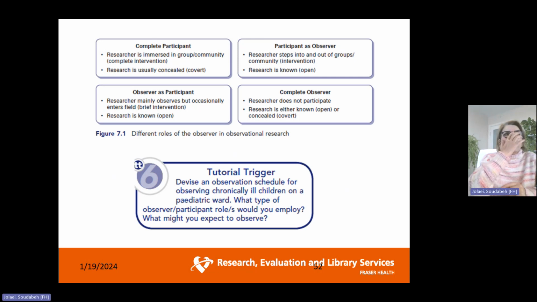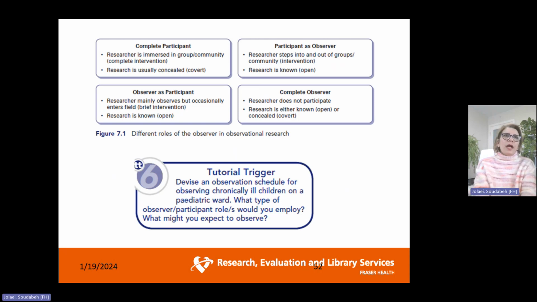You might be a complete participant. Researcher is immersed in group community, and research is usually concealed or covert. You might be a participant as observer. Researcher steps into and out of groups, community intervention. Research is known or open.